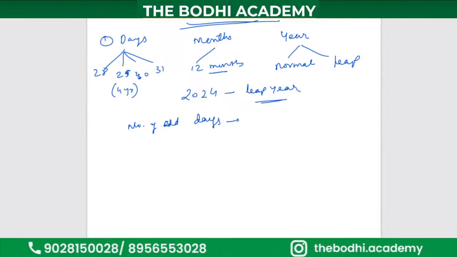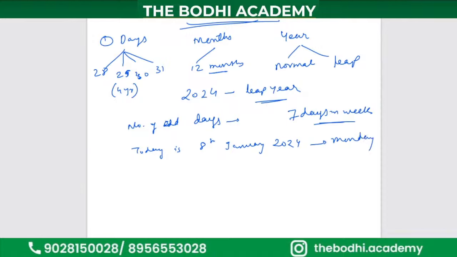Now, what does number of odd days mean? For example, how many days do we have in a week? In a week, we have 7 days. Now, suppose I say today is 8th January 2024 and it's Monday.